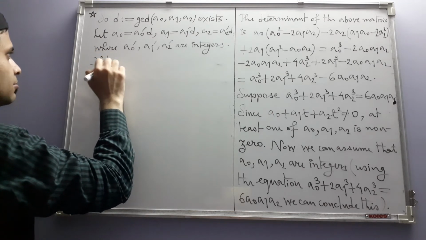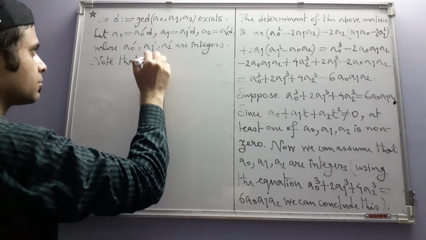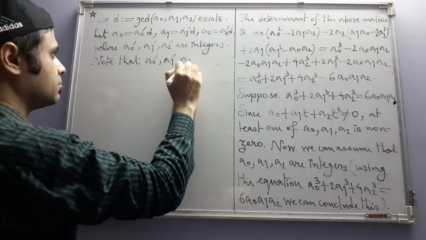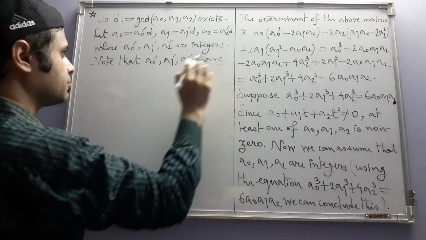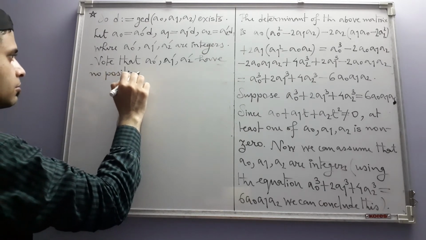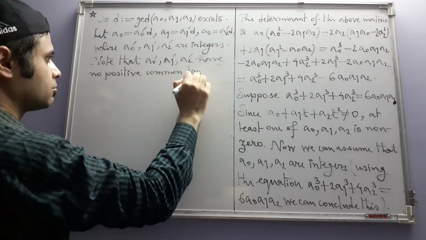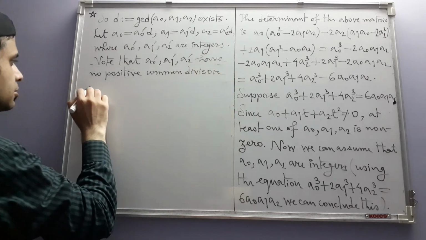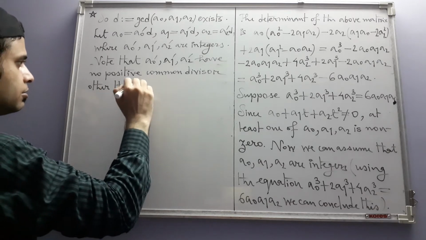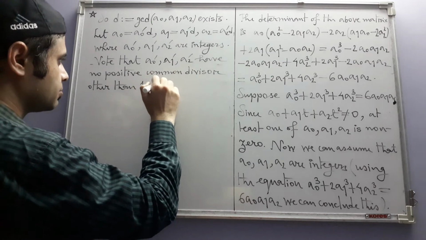Note that a0 prime, a1 prime and a2 prime have no positive common divisor other than 1.